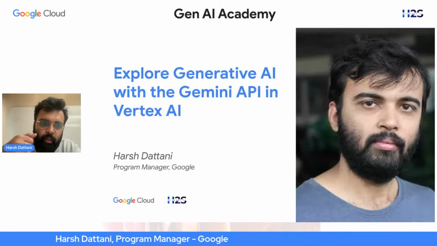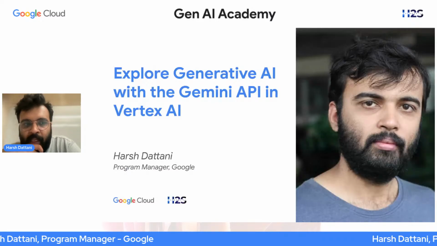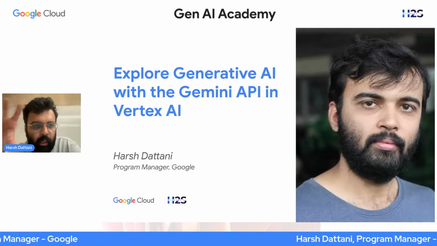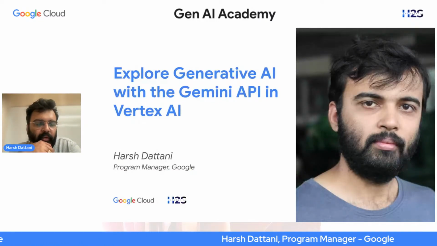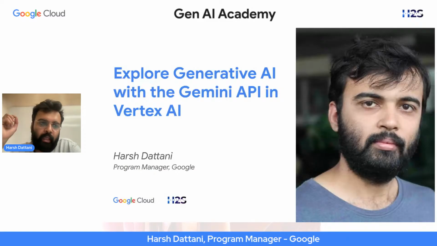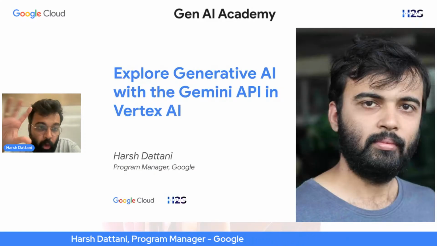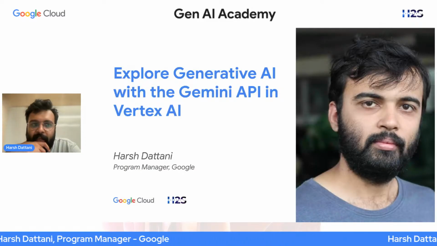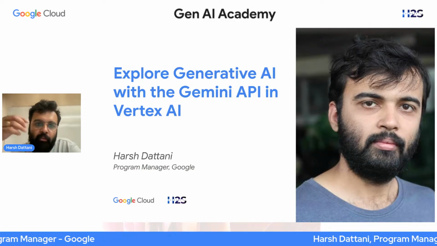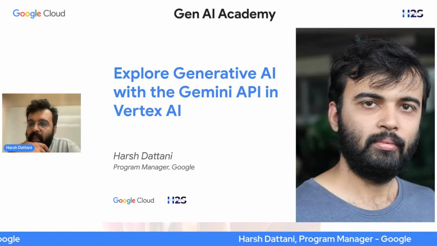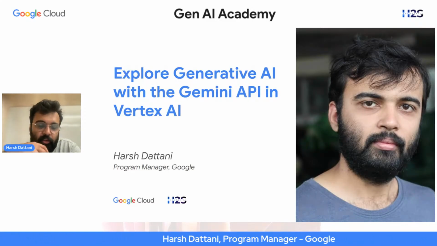Today, I'll give you the overview of Vertex AI and how you can use it, and we'll run a few prompts in Vertex AI. We'll also see how we can use Gemini API to build your own application as well.